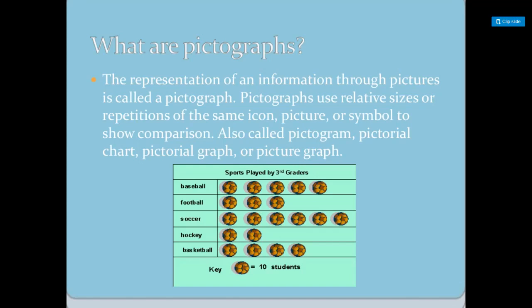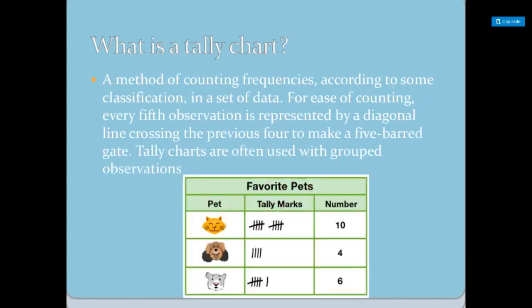Here you can see an example given by the balls, and we are collecting the data of sports played by third graders: baseball, football, soccer, hockey and basketball, and the ball is representing 10 students. Then we are going to take tally chart, a method of counting frequency according to some classification in a set of data.